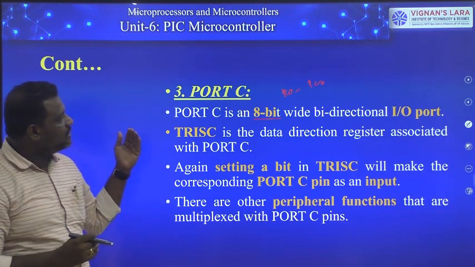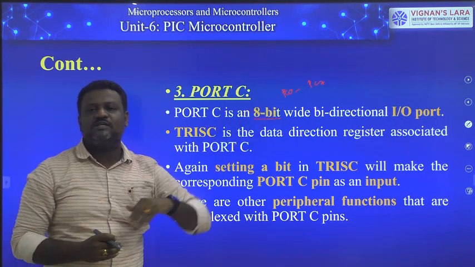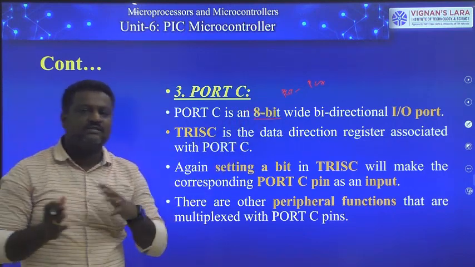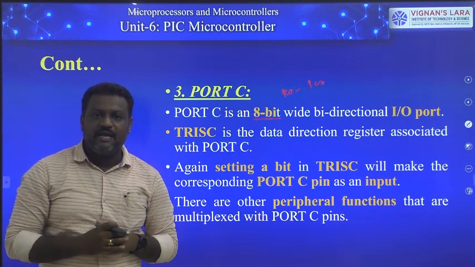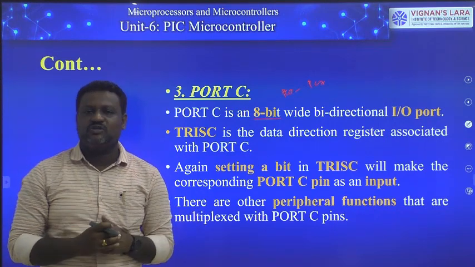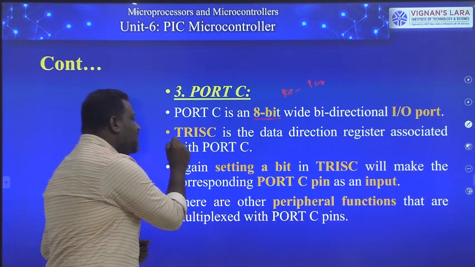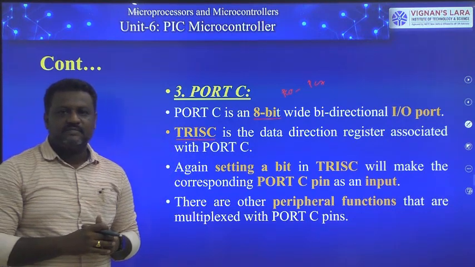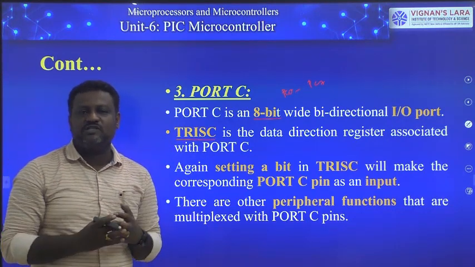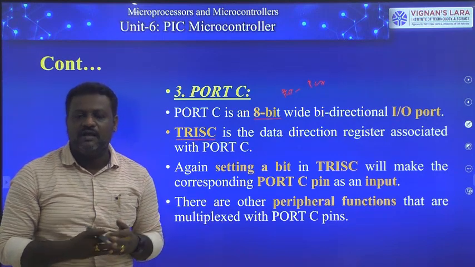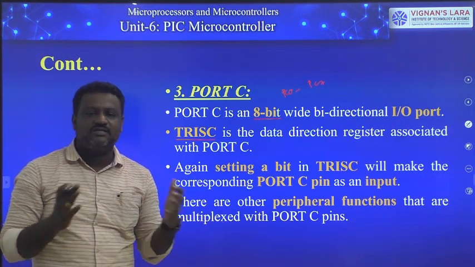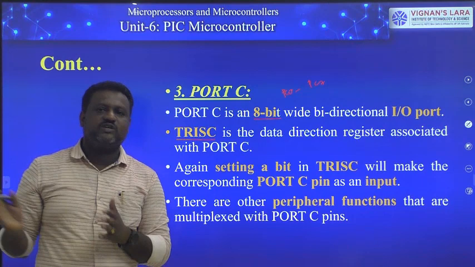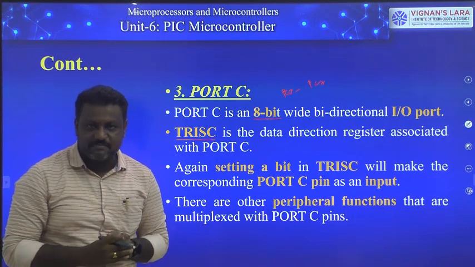And to program these port C signals as either input or output, like port A and port B, it again has its own data direction register, which is called TRISC. Again, we program the port C signals as input or output with the help of the data direction register. It is the same as our previous cases, port A as well as port B.